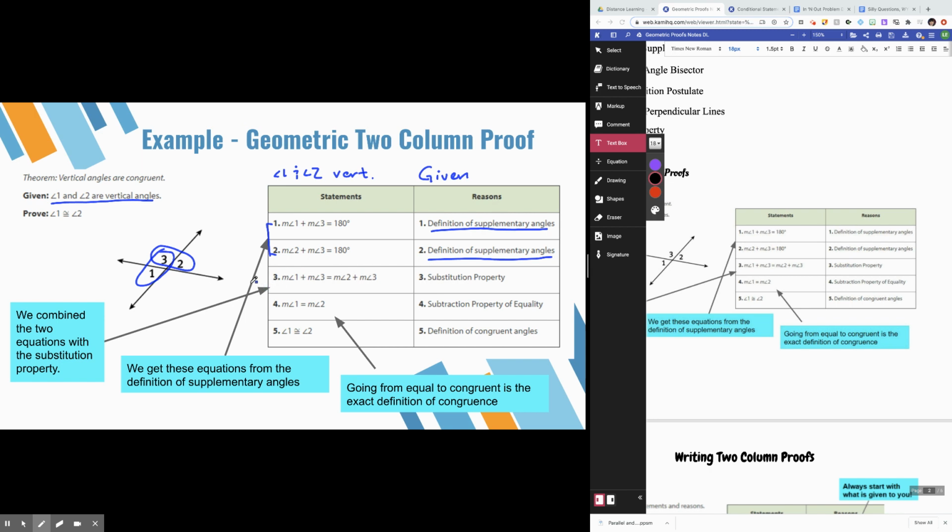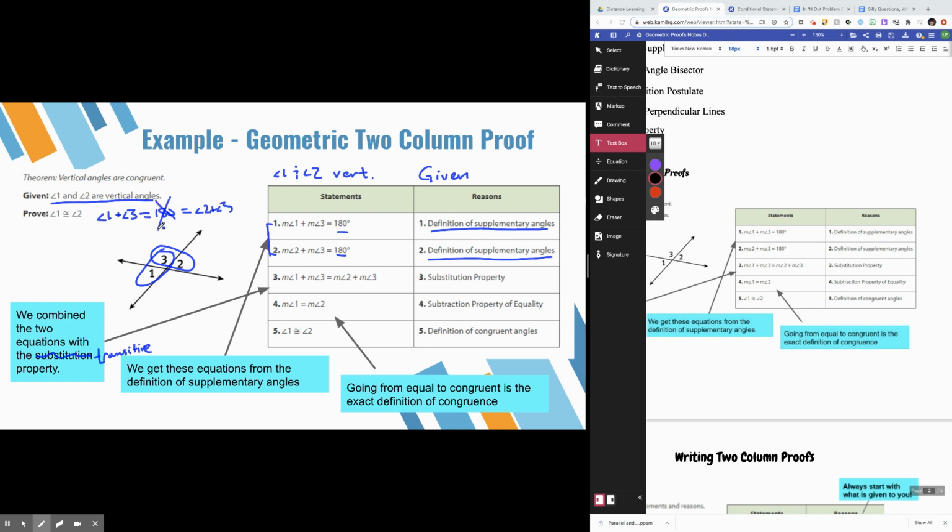And then what they did next is they combined the two equations, and really I should have said the transitive property right here. Okay, because if you notice, they both have this 180 degrees in common. So really what we're doing is we're saying angle 1 plus angle 3 equals 180, which equals angle 2 plus angle 3, right?